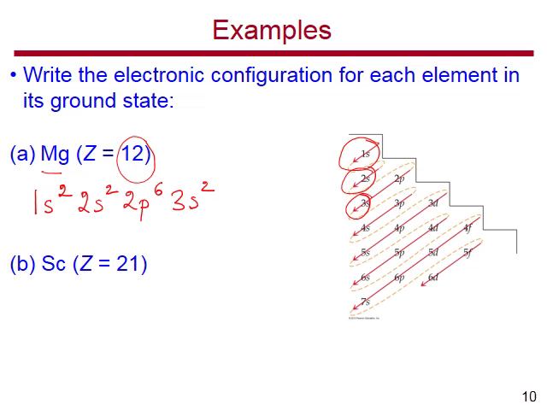Alright? Now let's do the same for scandium, whose atomic number equals 21. So we start putting in electrons from the 1s subshell. So we have 1s2, then 2s2, 2p6, 3s2, 3p6.